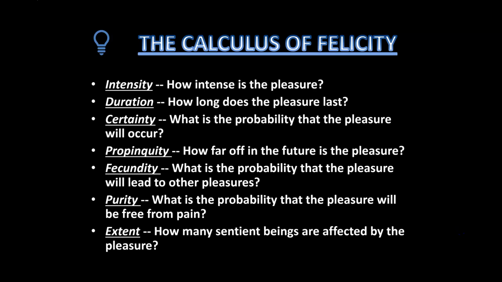And also, and importantly, extent. How many sentient beings are affected by the pleasure? That means animals and humans. So if I were to undertake action B, how many feeling, thinking creatures will be affected by the pleasure I get from action B, and in what way?